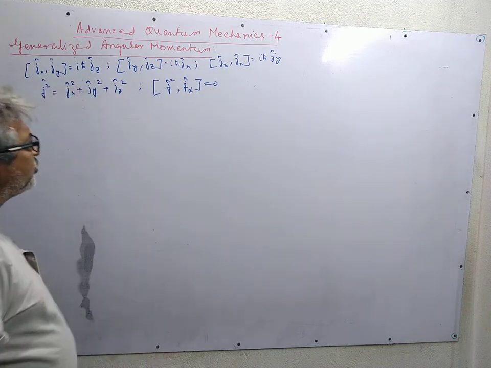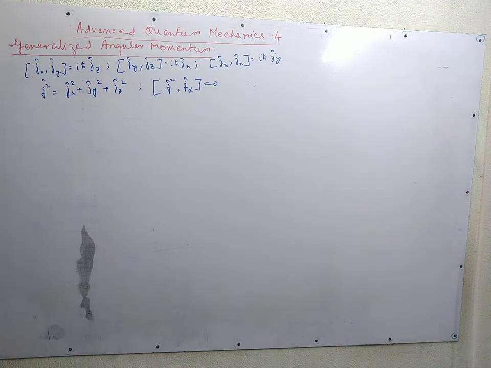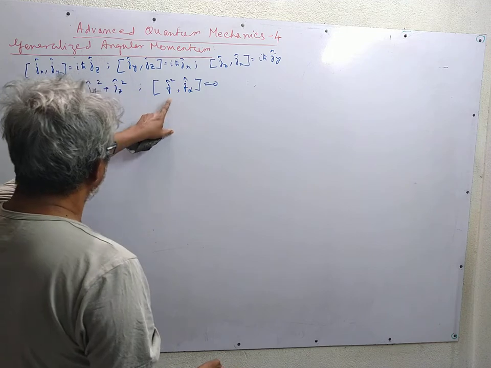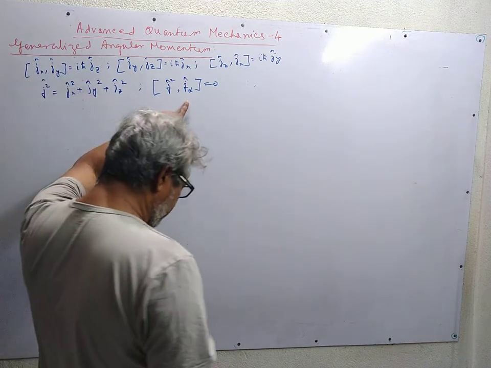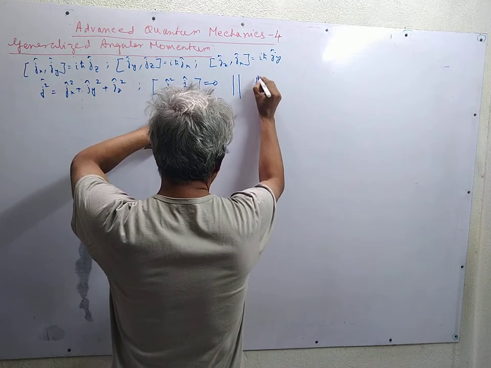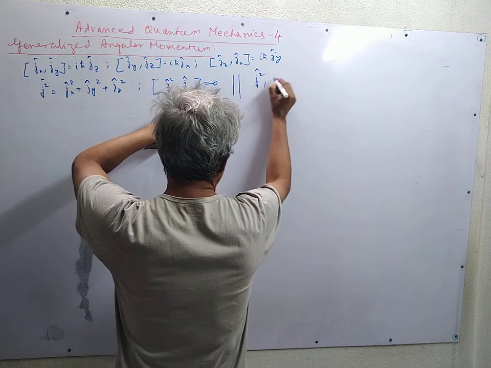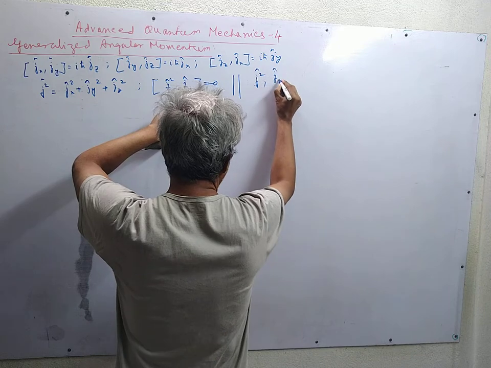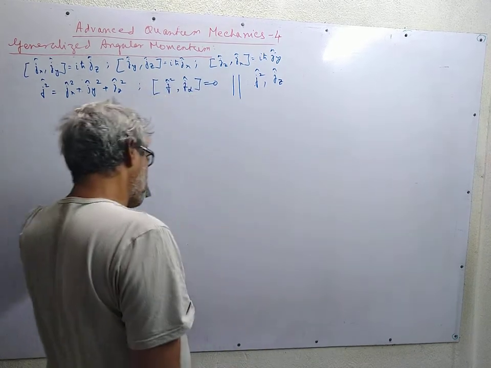So we can look for simultaneous eigenvalues of J² and any one of its Cartesian components. Due to historical reasons, we look for simultaneous eigenvalues of J² and Jz.